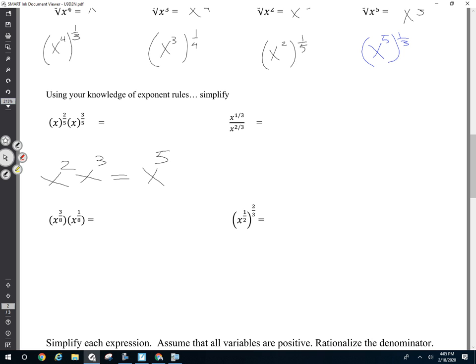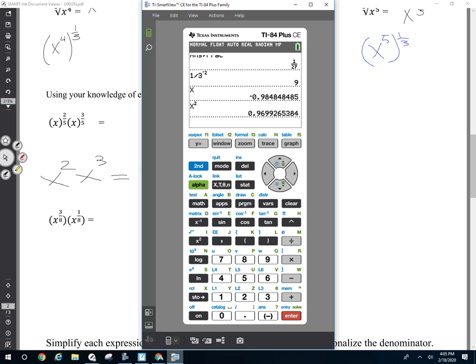Okay? Well, if I'm multiplying, I should just add. That's the next question. What is 2/5 plus 3/5? 5/5, right? Fractions are like terms.